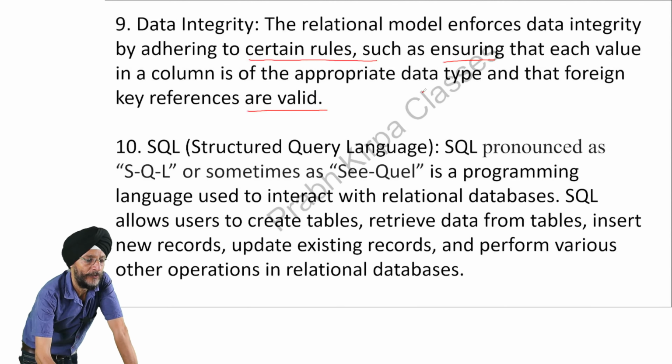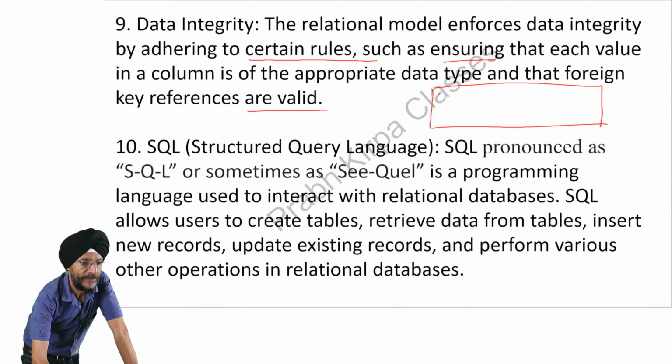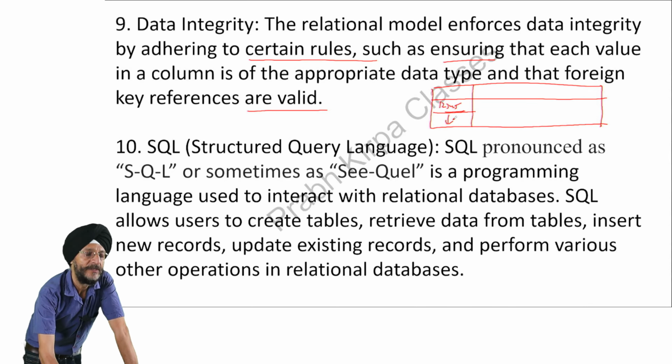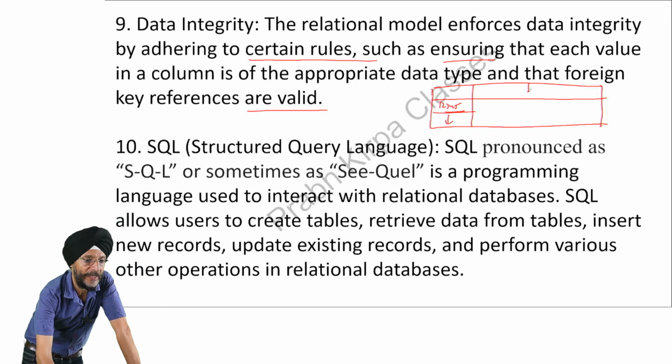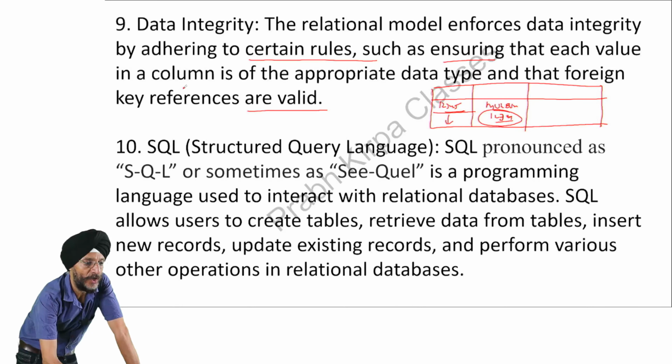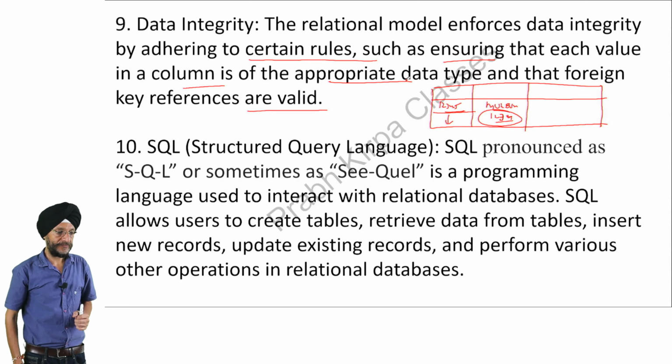It means that when we are talking about tables, in the case of say employee ID, if the IDs are in the form of 1 2 3 4 5, all the IDs will be of a similar type, that is we will not be able to enter text here. If we are talking about name, the same will be in text, say Mukesh. Here we will not be able to enter 1 2 3 4 because it will be text based and not numbers. So each value in the column is of an appropriate data type.